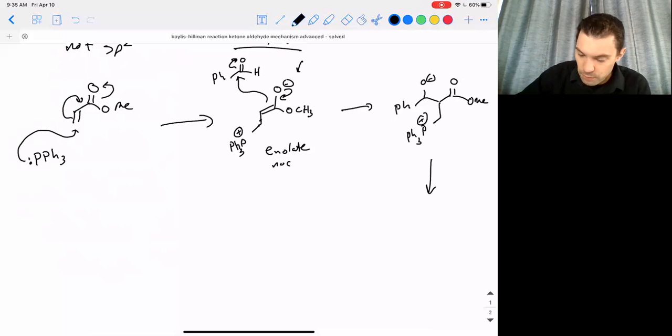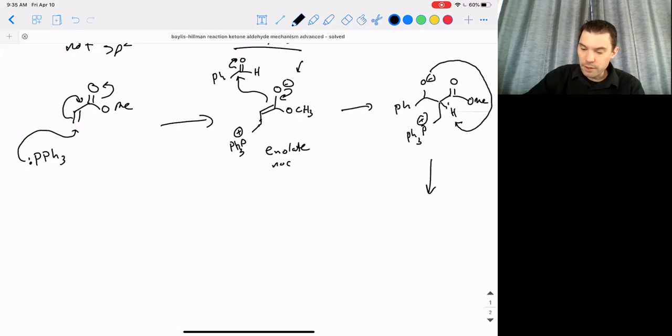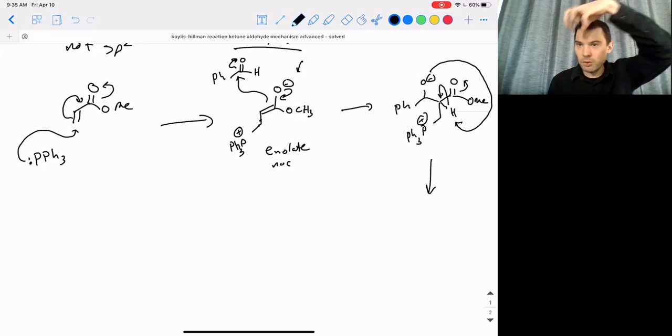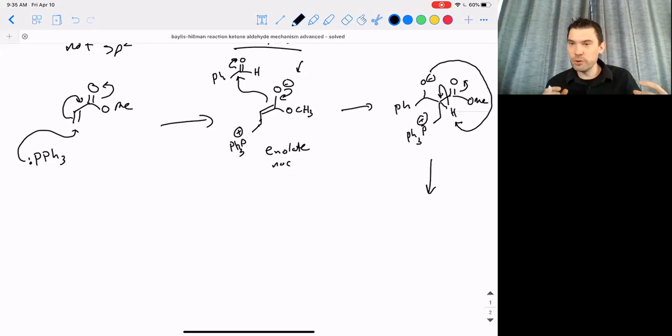And so much like in the aldol reaction, we're going to use this anion here to deprotonate the starting material, and we're going to reform an enolate. And realistically, this deprotonation is probably intermolecular, so there's not really a great orientation for that O- to grab the H+ that's right next door to it. The orbitals don't quite line up.